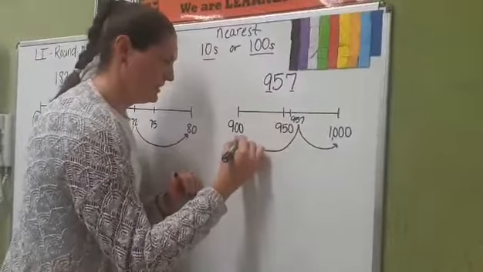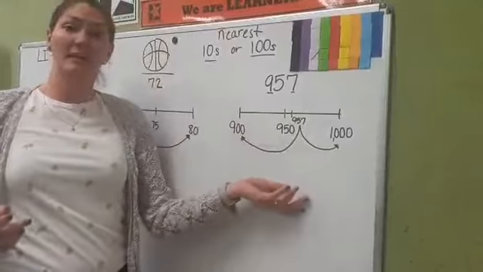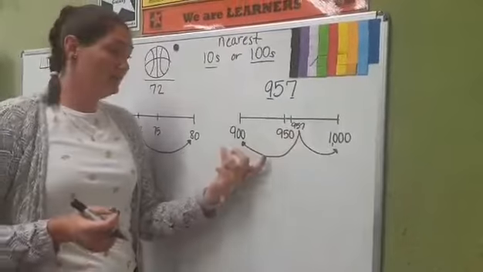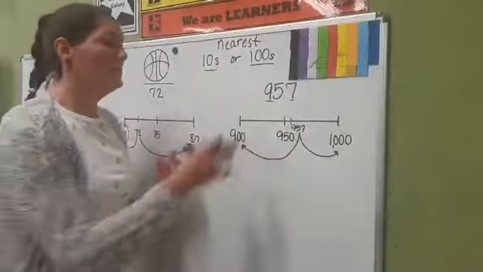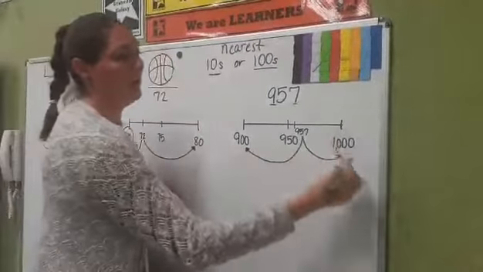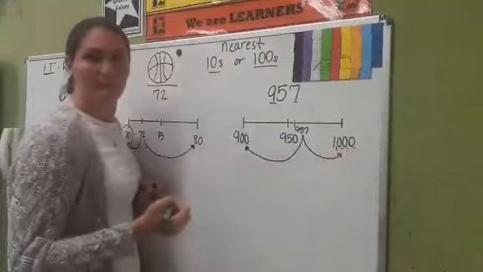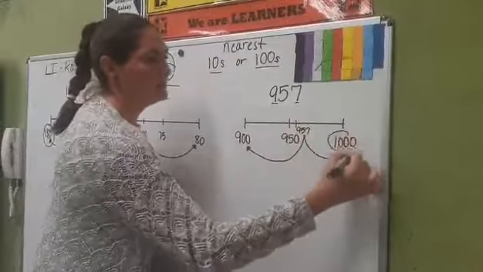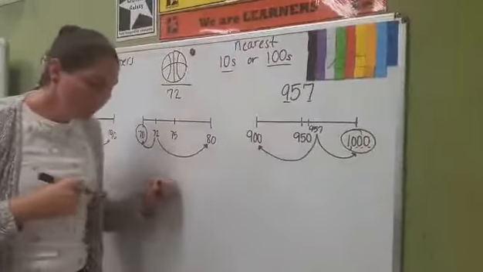Again, we can visually see that it's closer to 1,000 than it is to 900. Therefore, I'm still reminding myself I have round numbers. So basketball, basketball, basketball. I have 3 basketballs at the end of this. It's rounded to 1,000.